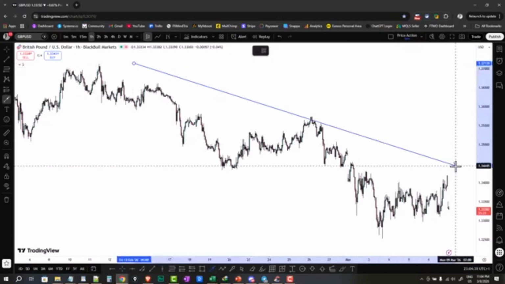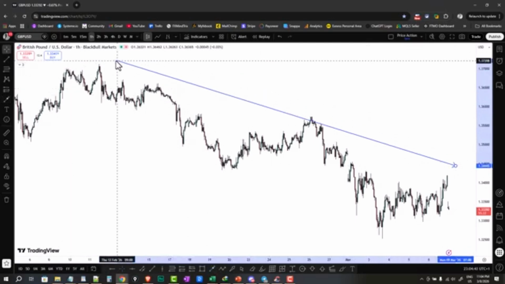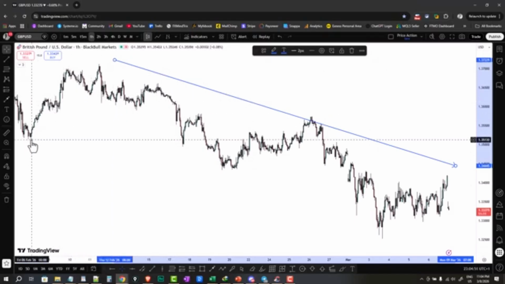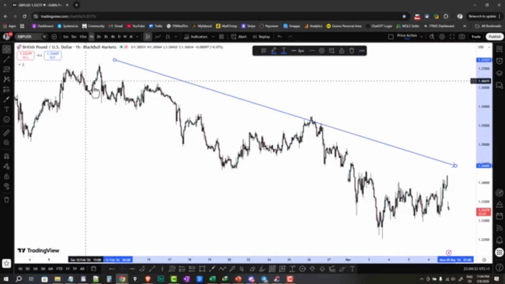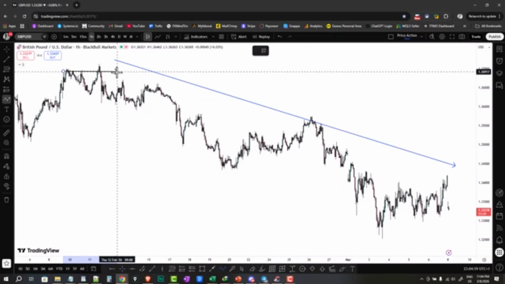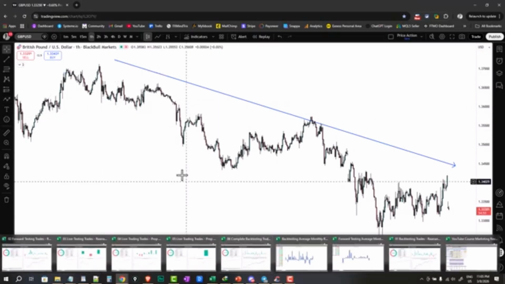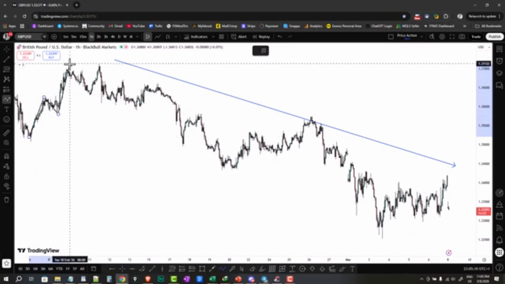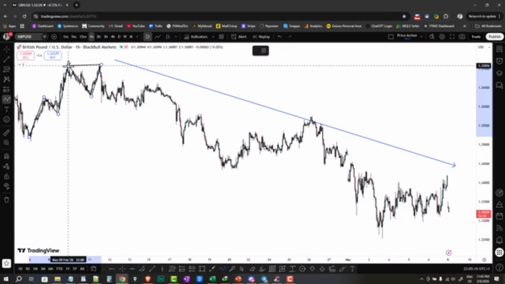From all the way back here, around the 12th of February, this instrument went from forming the market structure of an uptrending market, characterized by higher highs and higher lows, to all of a sudden struggling to break above the previous resistance it had here, and now forming equal highs and not higher highs.